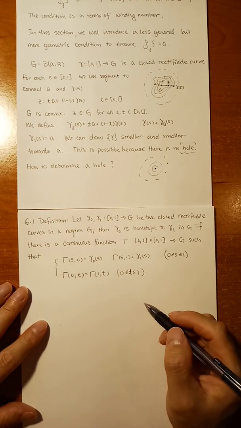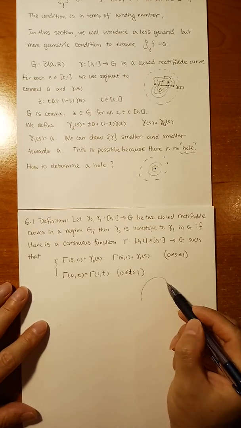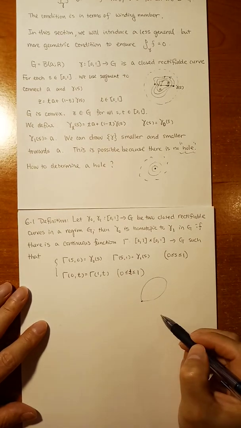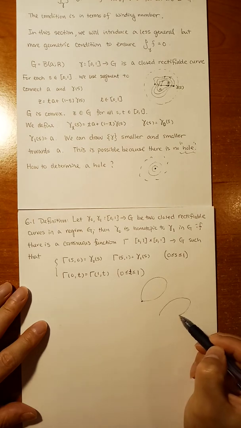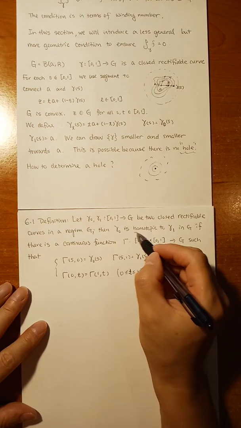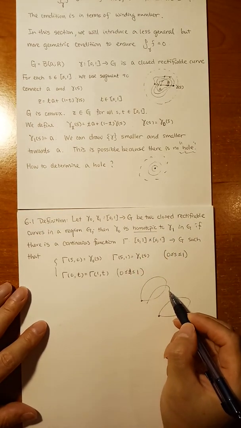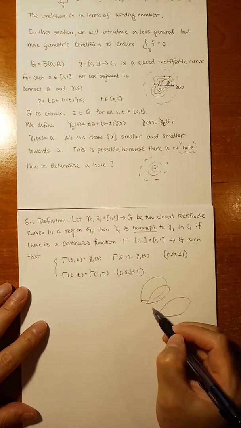So basically, for example, we have a closed rectifiable curve like this here, and a closed rectifiable curve like here. And how do we say they are homotopic? You have a kind of continuous layer.